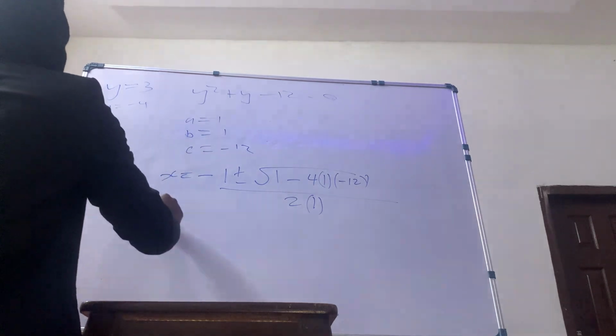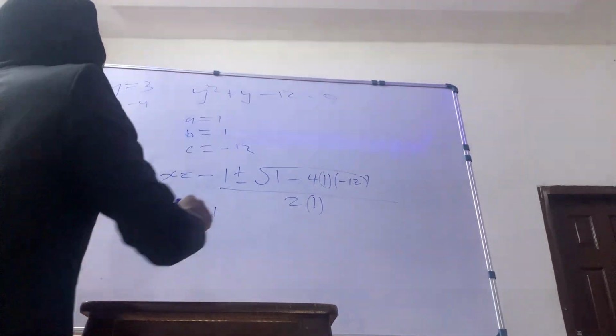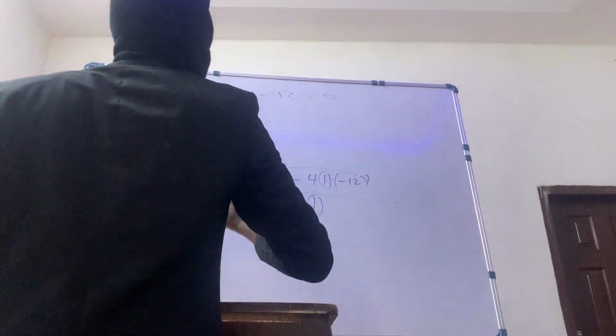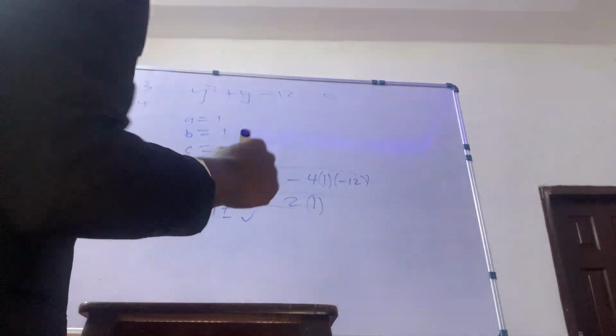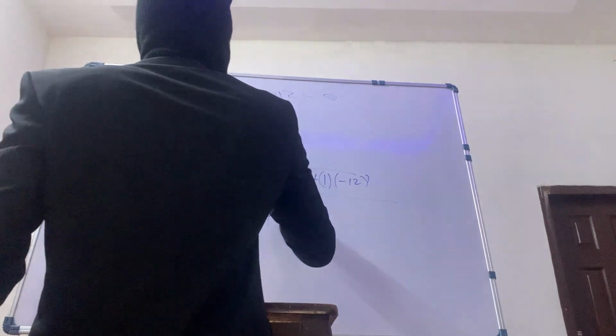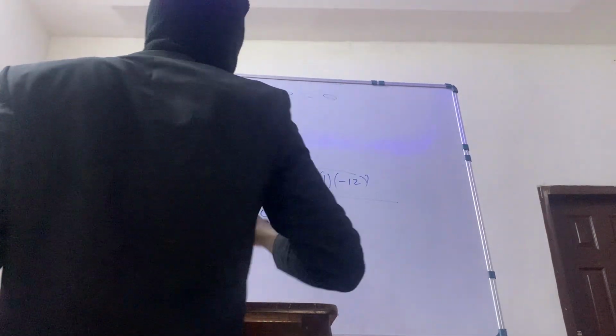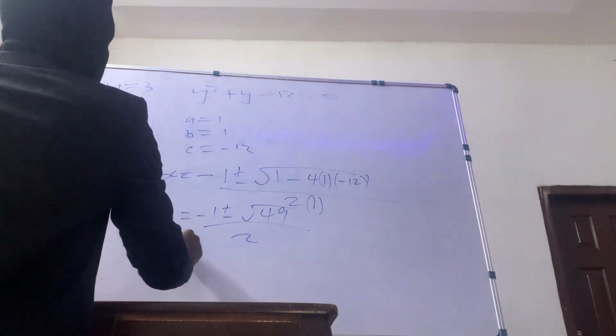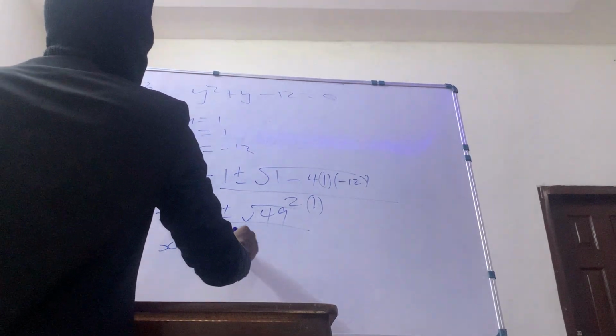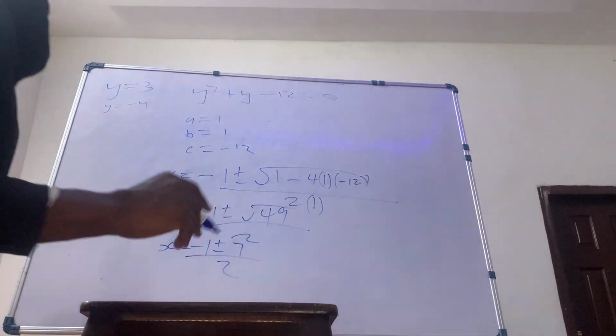And now x is equal to minus 1 plus or minus square root of this one, which is 49, over 2. The square root of 49 is 7. So x is equal to minus 1 plus or minus 7 over 2.